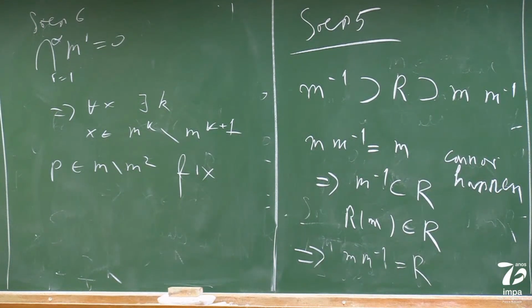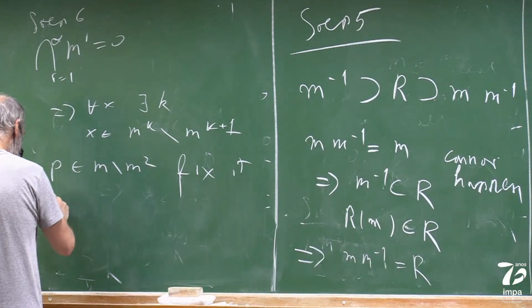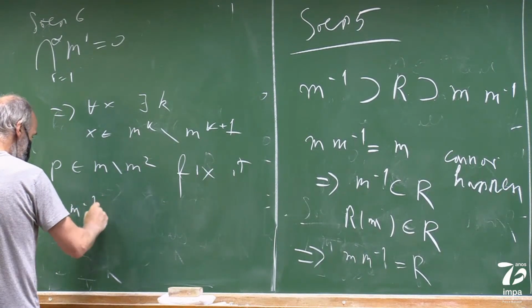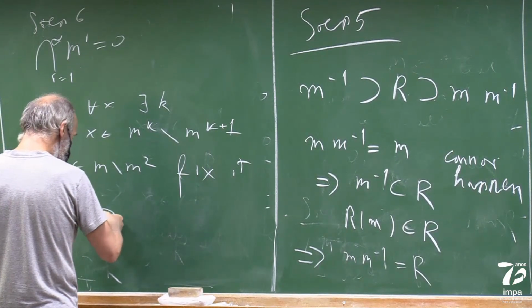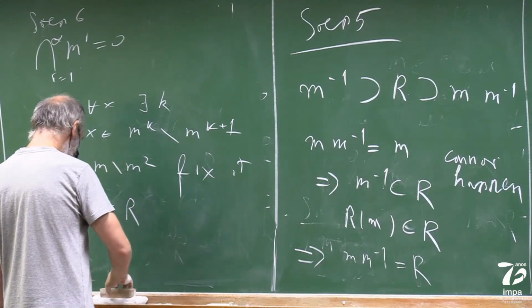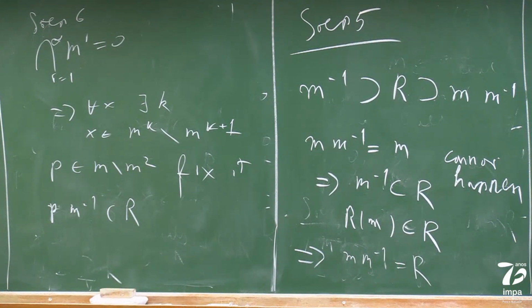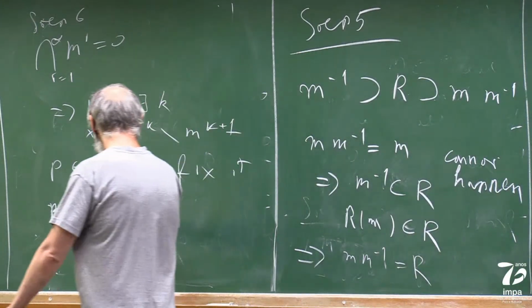So to see that, first we notice that p m^(-1) sits in R. m^(-1) contains R. Which direction? Sorry. It's contained in R, so it sits in R.